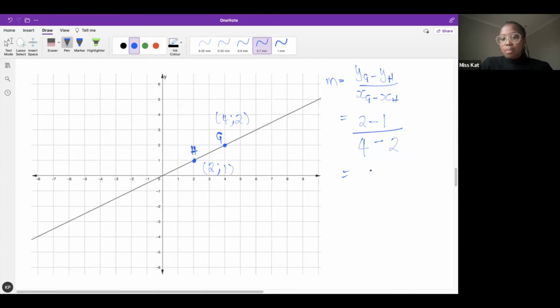So what's 2 minus 1? 1 over 4 minus 2. 2. So my gradient for this graph is positive a half.